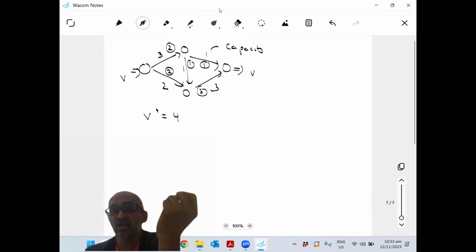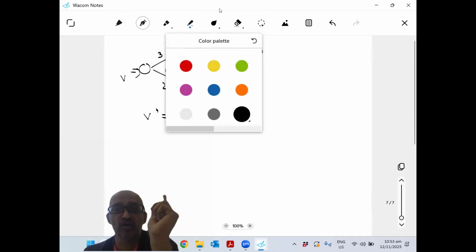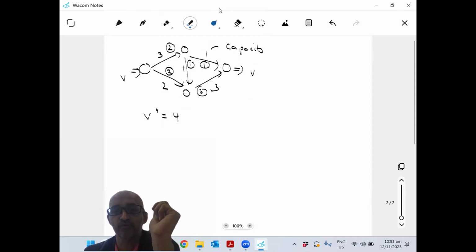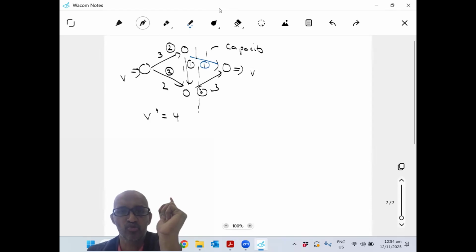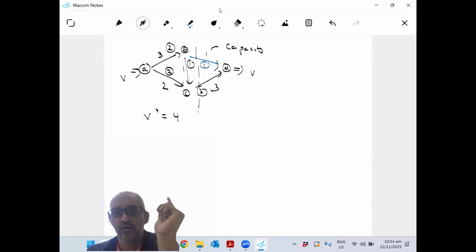What is the min cut in this graph? There are actually two min cuts in this graph. So this is not a min cut. The cut capacity of this is 5. But this is a min cut. If I call the nodes A, B, C, and D, this cut has got A, B, C on one side and D on the other side.